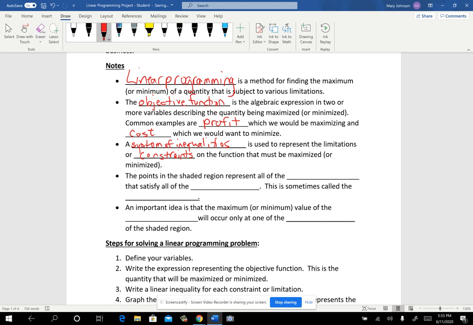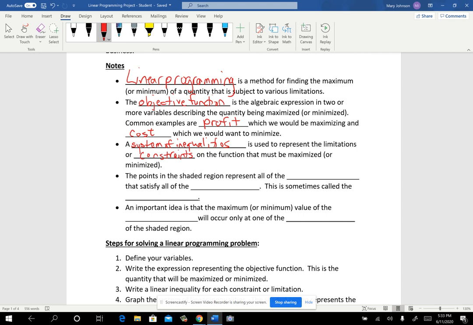So if we're in a company that's trying to make something, we may have limitations to how many employees we have or how much material we have. And so we have to consider all of that stuff to determine how many of this object we are going to be able to produce, okay?